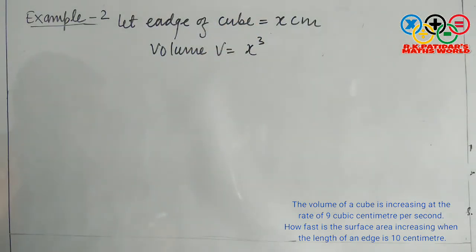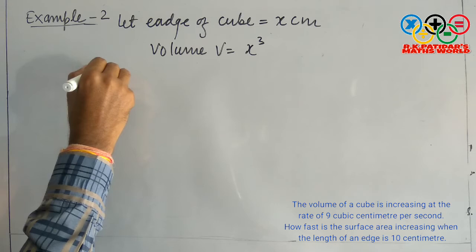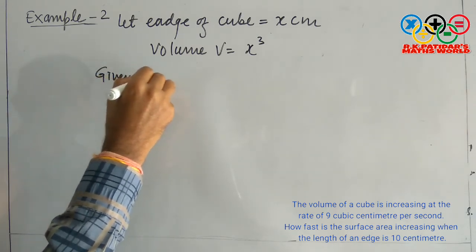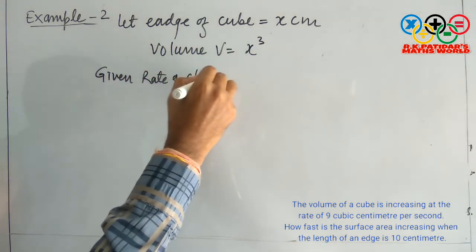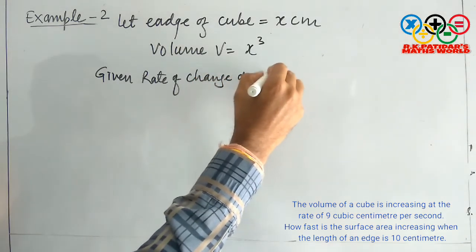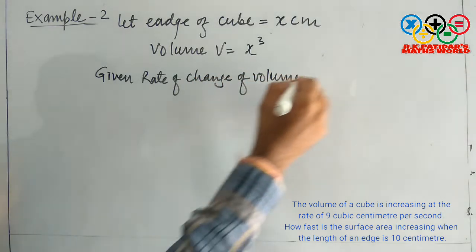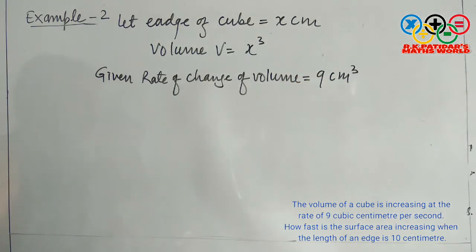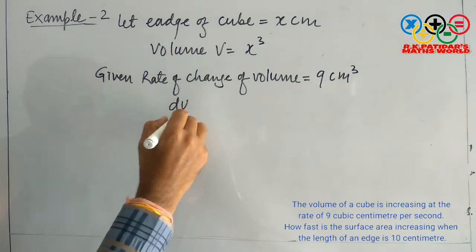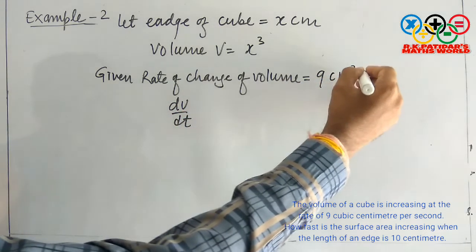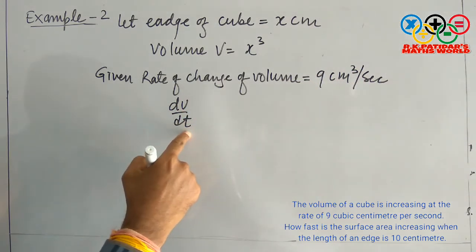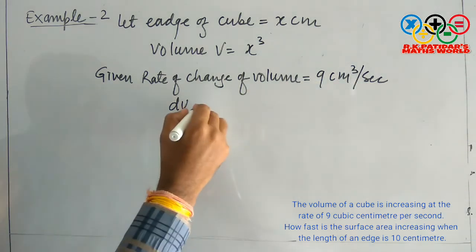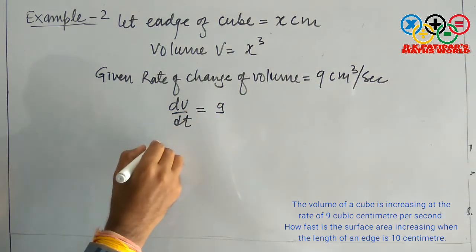Volume of a cube is side cube. Now here it is given that the rate of change of volume is 9 cubic centimeter per second. The rate of change of volume is dV upon dt, per second meaning with respect to time, and it is 9.